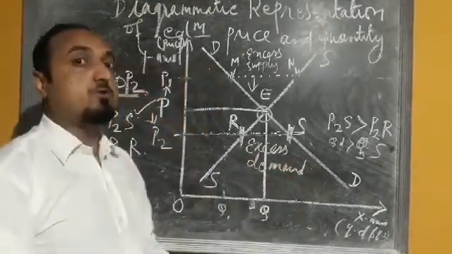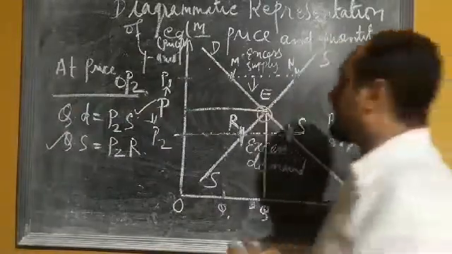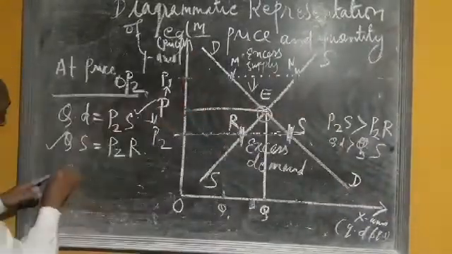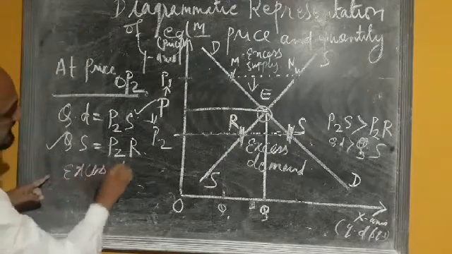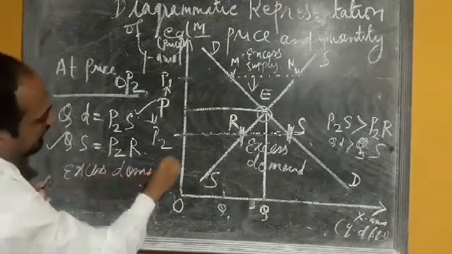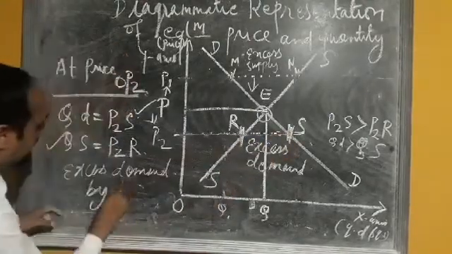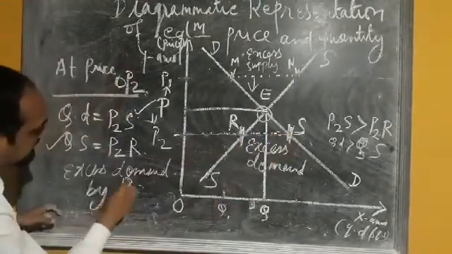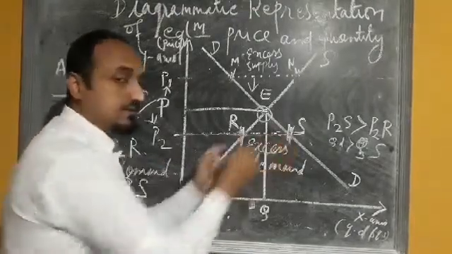Now here you have to know by how much amount there is excess demand. The excess demand is by the amount RS. That means RS is the excess demand.